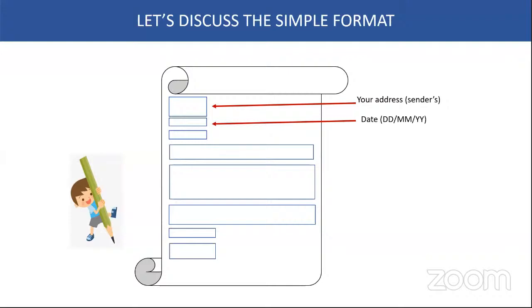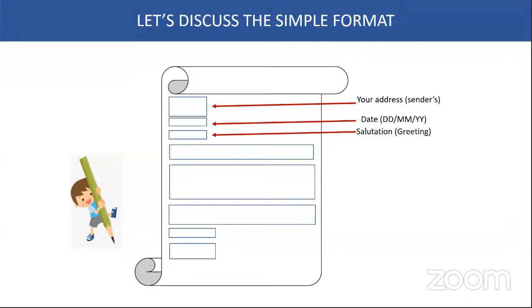Okay. Let's move on to the next one. The third box. It is salutation. You salute or greet your friend or your mother, your brother or your neighbor. As I told you, you can write in a very friendly way.